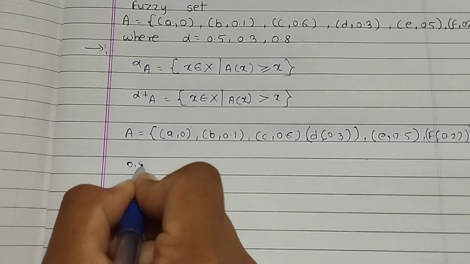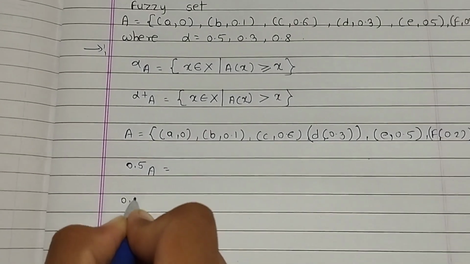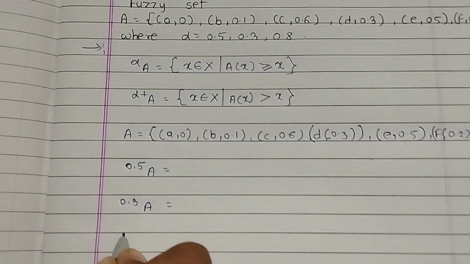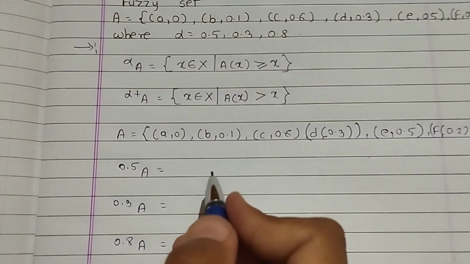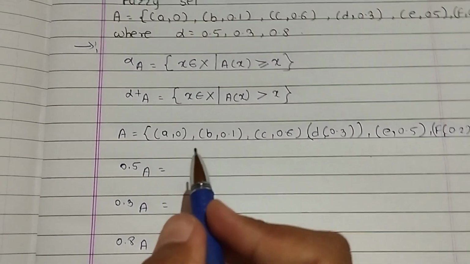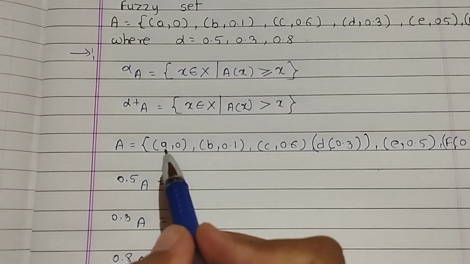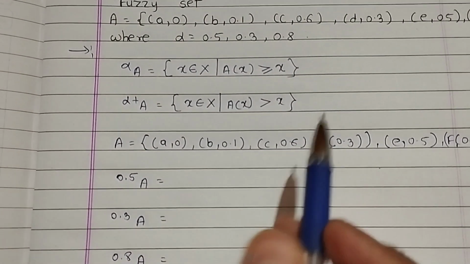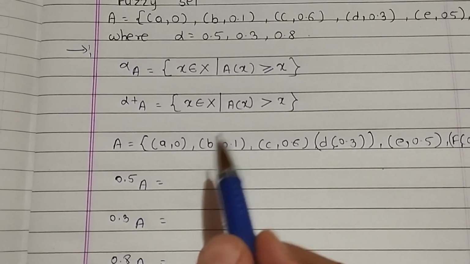So this is our given fuzzy set. The first alpha is 0.5, the second one is 0.3, and the third one is 0.8. Now see how we find it. The x values are A, B, C, D, and A of x are the images.